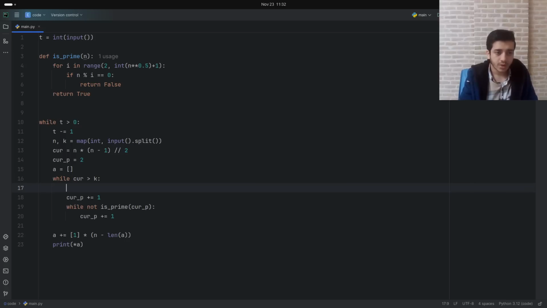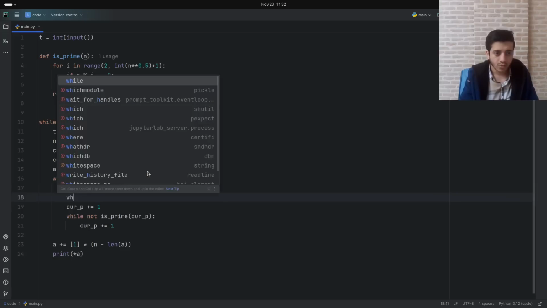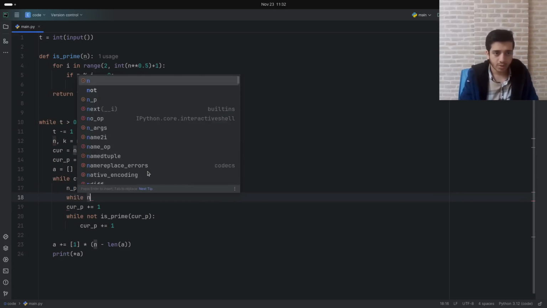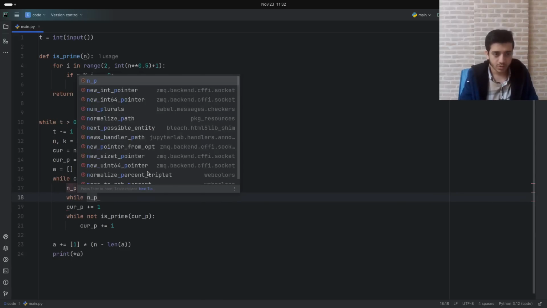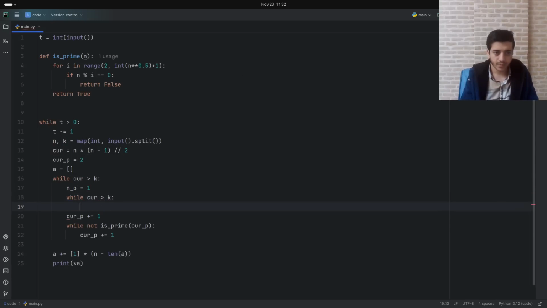Okay. Number of primes, let be 0. Okay, let be 1. While number of primes, okay, while current is still more than k, even if we decrease it by this number, add 1 to it.